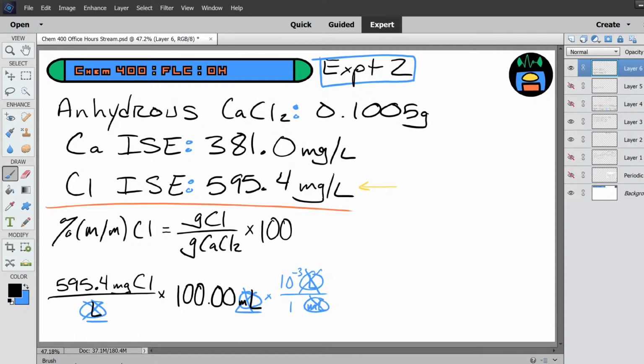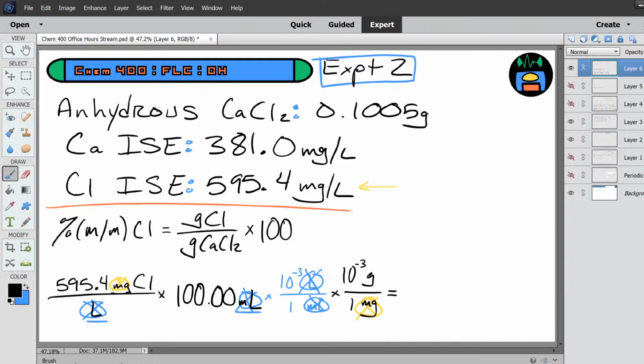Next, we need to cancel milligrams because we don't want milligrams of chloride, we want grams. And 1 milligram is 10 to the negative third grams. So now milligrams cancel milligrams, we're left with grams, which is good. And we're ready to crunch some numbers.